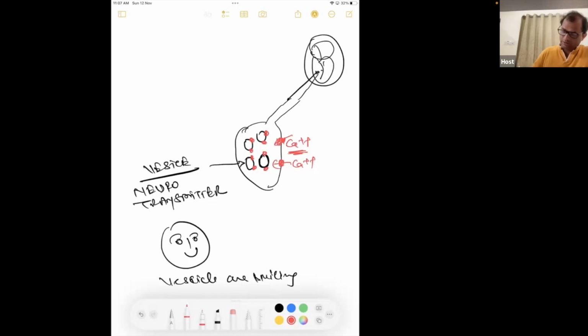Now this vesicle will come in contact with this membrane and will open here and will be able to release this acetylcholine. Then only acetylcholine will go and work on the skeletal muscle.